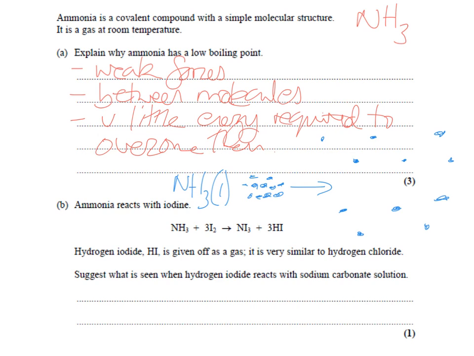And what was holding them together in the first place were very weak forces between these molecules. So the molecules themselves, over here, are intact. They're together. Okay? All we've done is pulled them away from each other by overcoming the weak intermolecular forces.